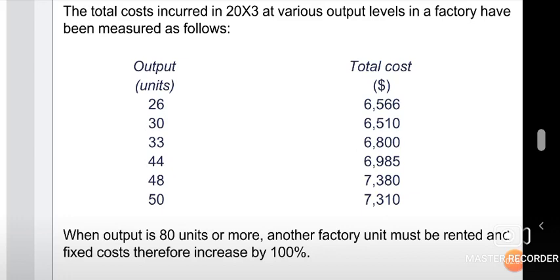The cost that is directly relating to this number of high units, which is 7310, and then your 26 as the lower units, as we have just mentioned, will be directly relating to your lower cost, which is 6566.